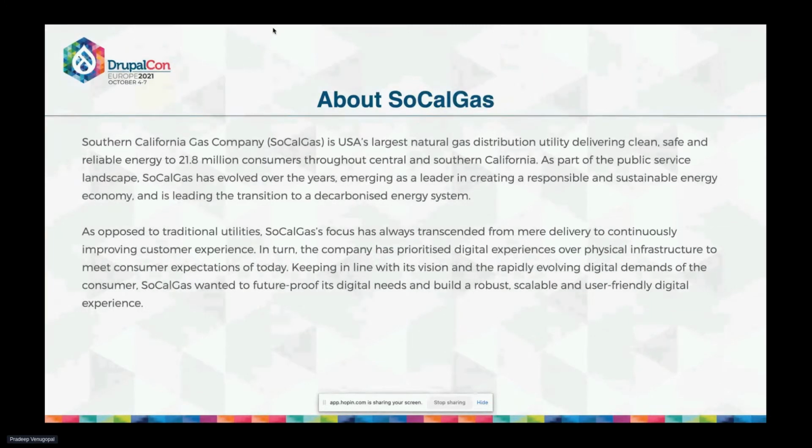Our corporate mission is to build the cleanest, safest, most innovative energy company in America. Through innovative programs such as renewable natural gas and hydrogen, we're looking to the future needs of our customers. Also, as COVID-19 has forced us to close all of our physical branch offices for almost 2 years now, we've turned exclusively to digital channels to engage with our customers.